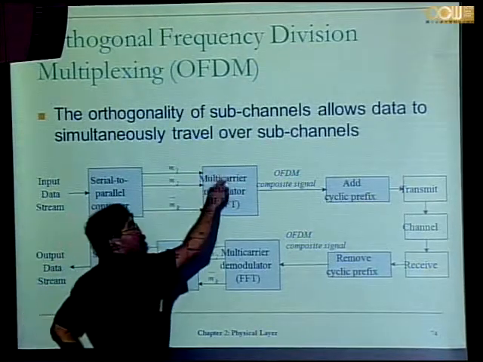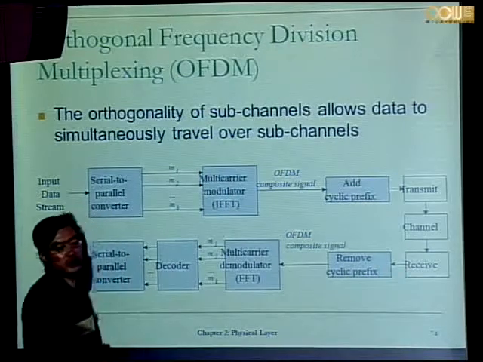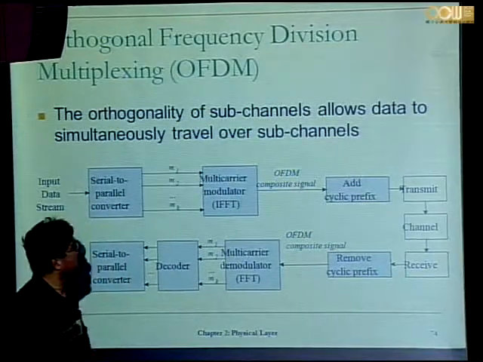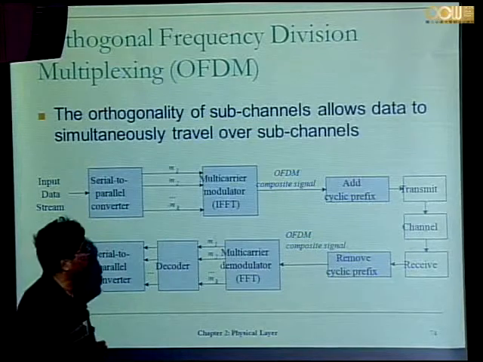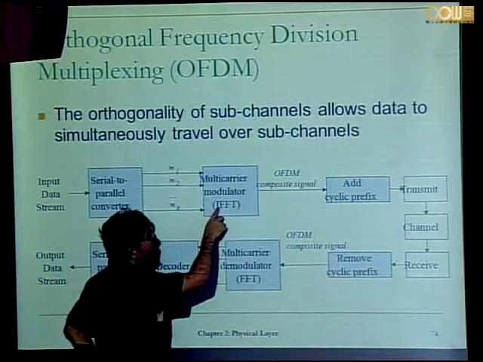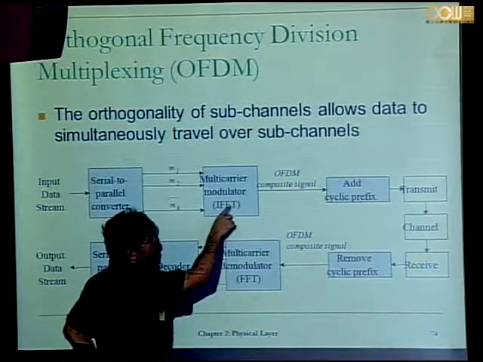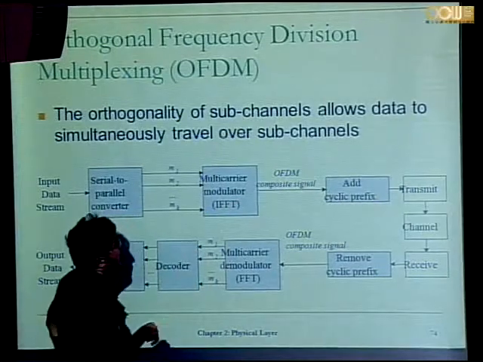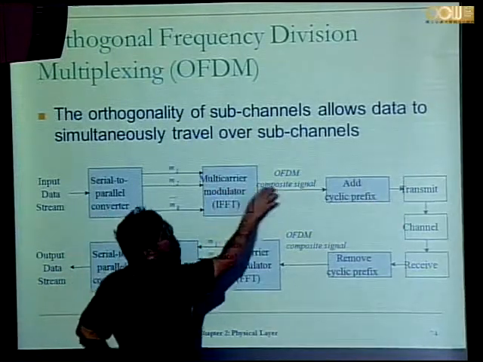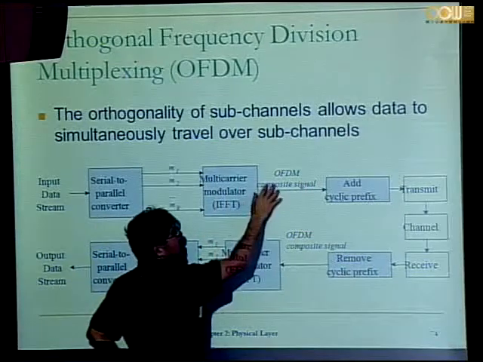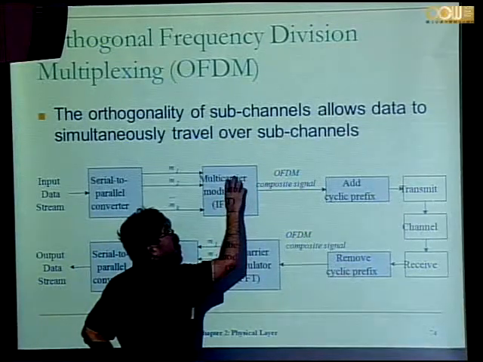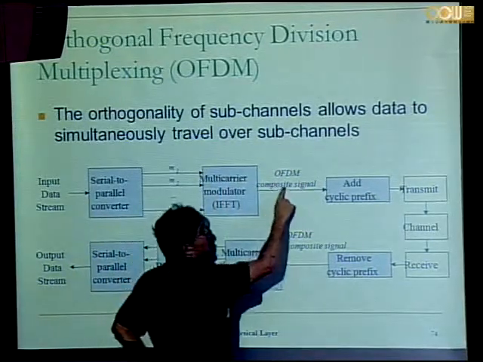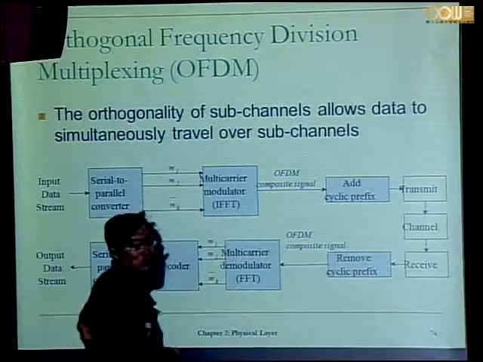And then there'll be an operation called inverse fast Fourier transform. This stands for inverse fast Fourier transform. The purpose of the operation is to combine those signals together to form a composite signal.